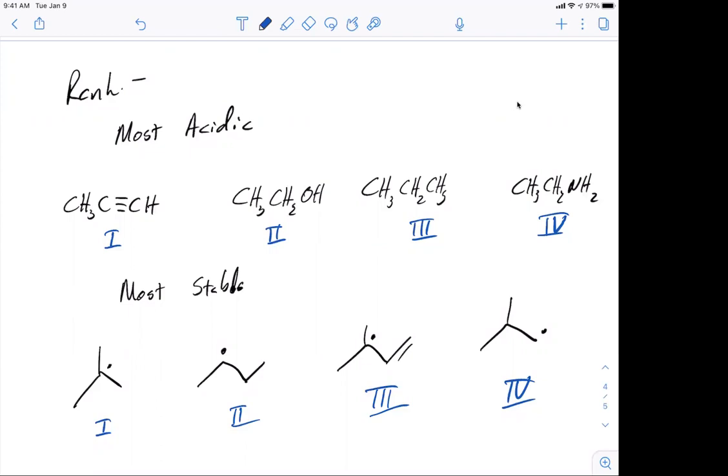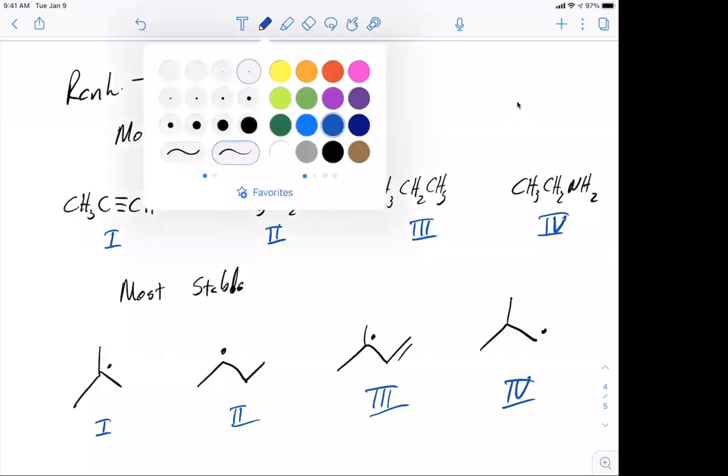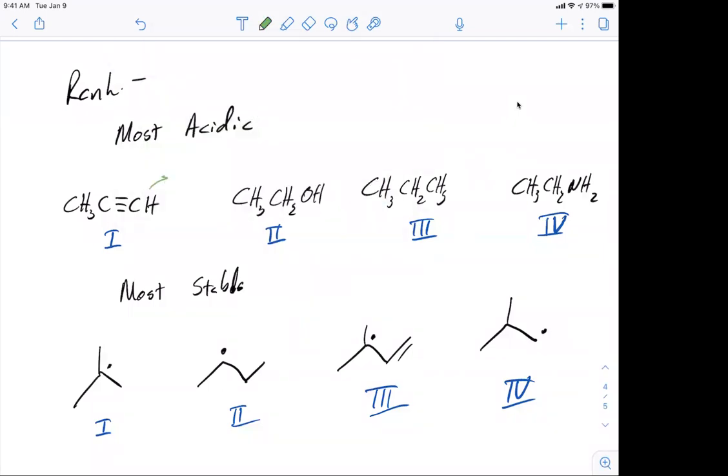All right, so if we look at the most acidic, if we're looking at these, what you should consider is, what is the conjugate base? So I would go ahead and draw this.